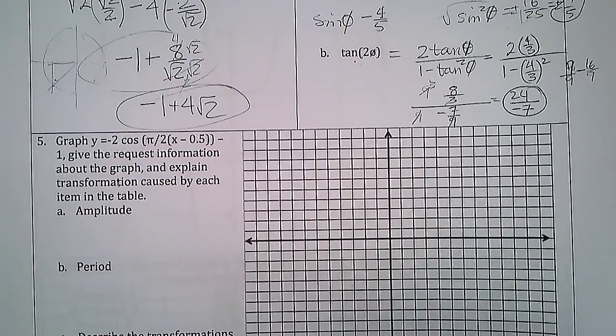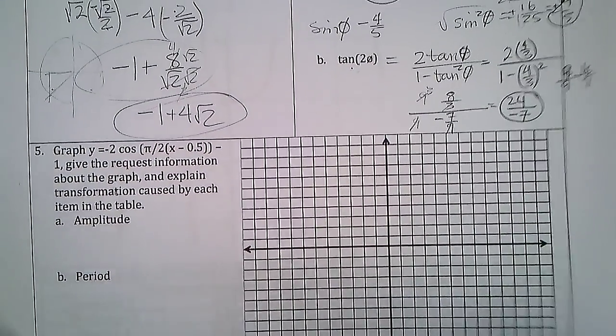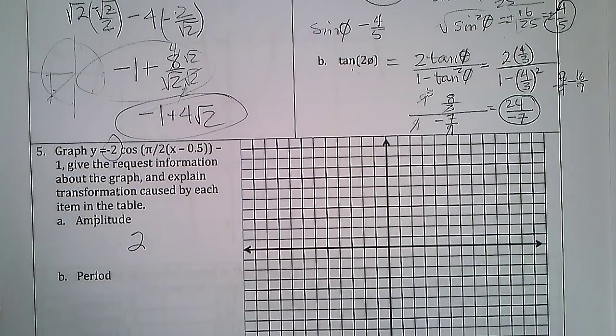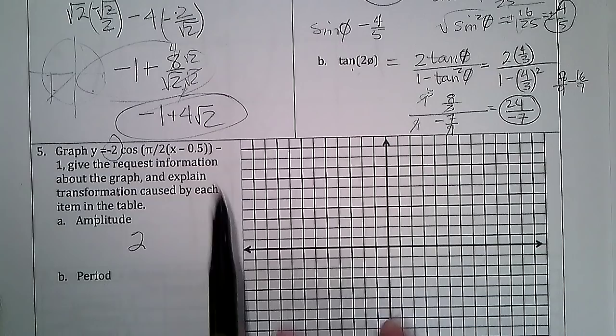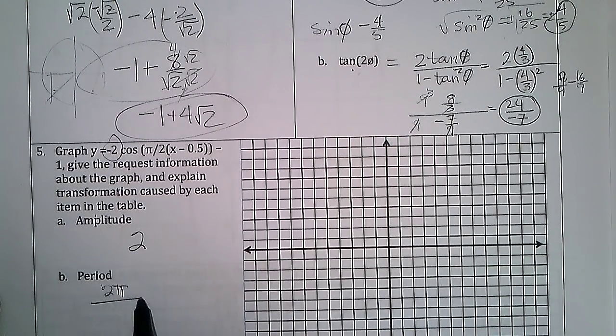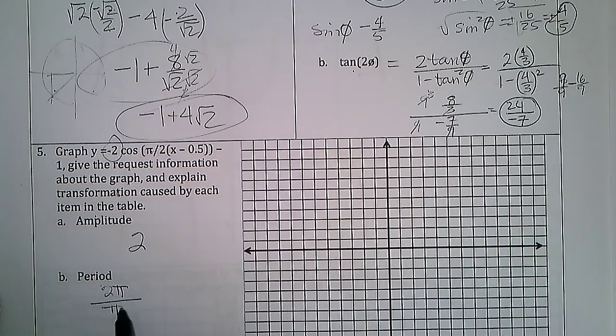Number 5 says graph this. Give the amplitude. See, the amplitude would be 2, not -2, 2. The period, that would be 2 pi divided by pi over 2.